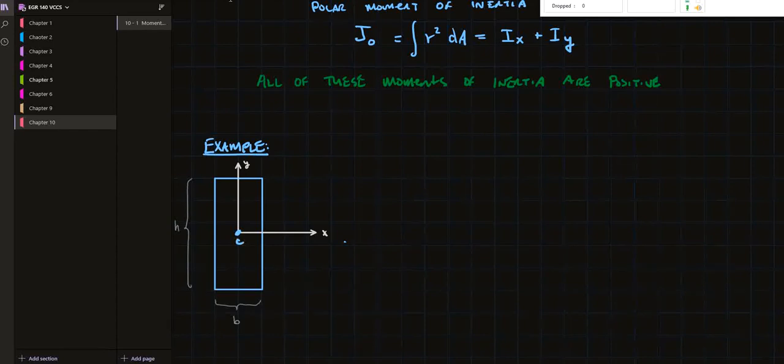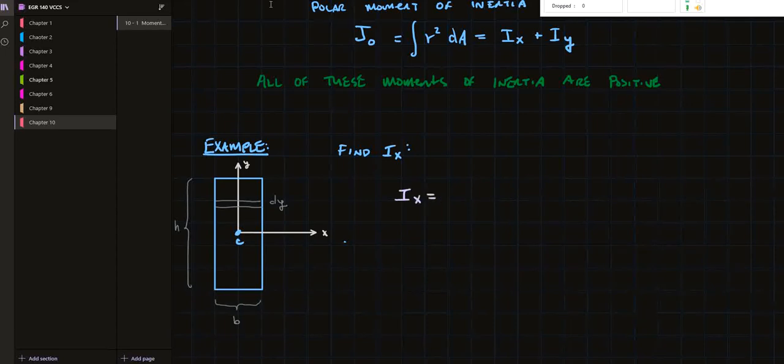So if I wanted to find Ix, then what I would do is investigate this at some differential element dy.